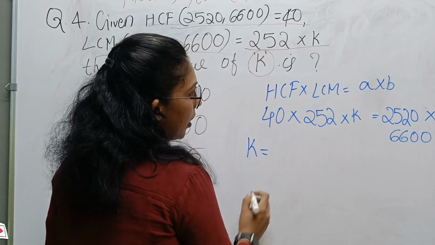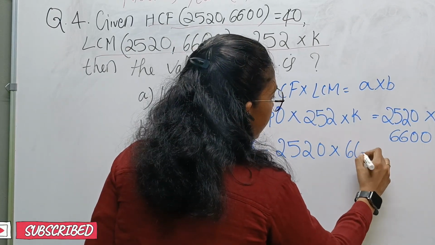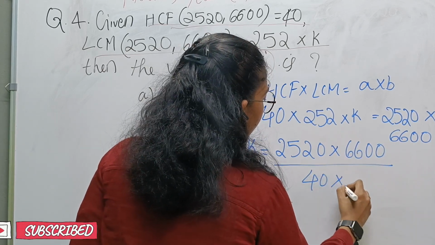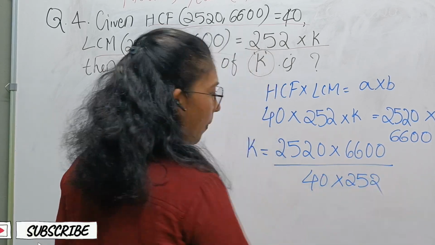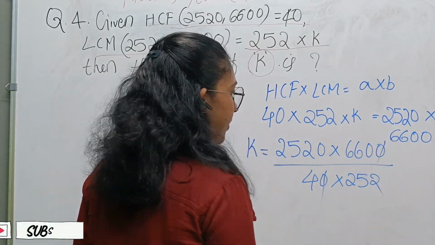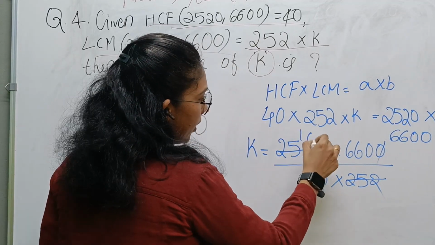So K is equal to 2520 into 6600 divided by 40 into 252. Okay, so here 0 and 0 are cancelled. 252 here 10.